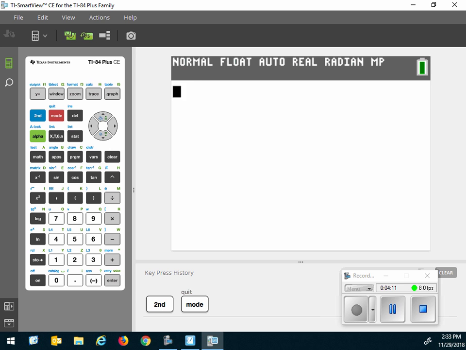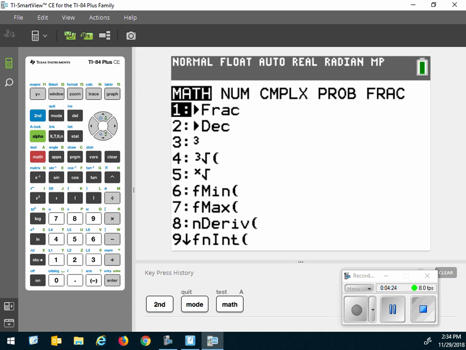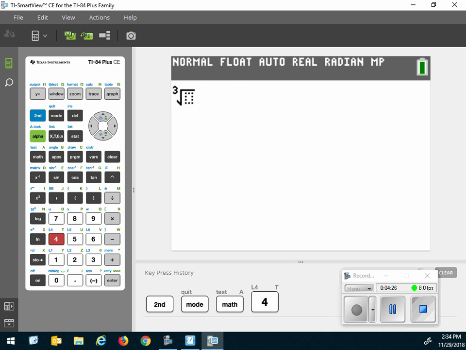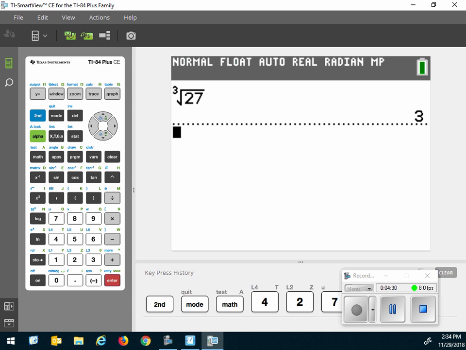Take the cube root of 27 and then do what to it? Then square it. Do you remember where to find cube root on your calculator? Where is it? It's under math, right? So you go to math, option 4, 27, hit enter. Now, you want to raise that to the 2nd power, and just hit the squared button.